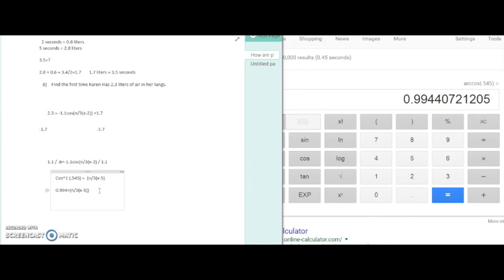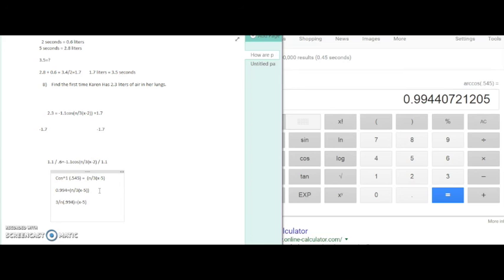It'll be 3 divided by pi times 0.994, which will equal x minus 2.